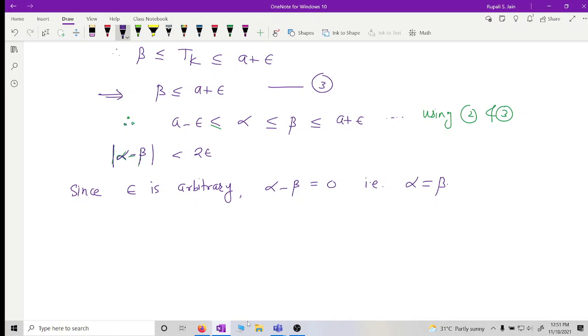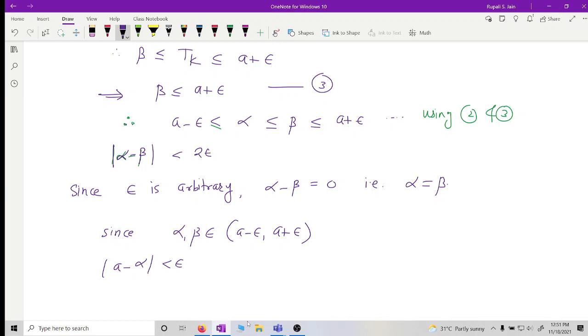Yes, ma'am. Now I want to show alpha and beta are equal to A. How can I say? Since alpha and beta belong to which interval? A minus epsilon and A plus epsilon. So what can I say about A minus alpha? It is less than epsilon.